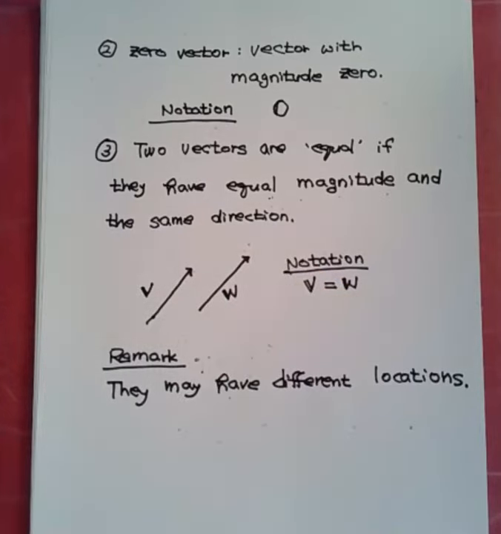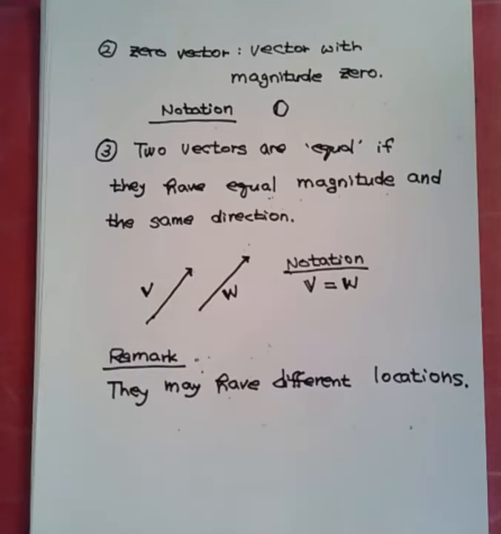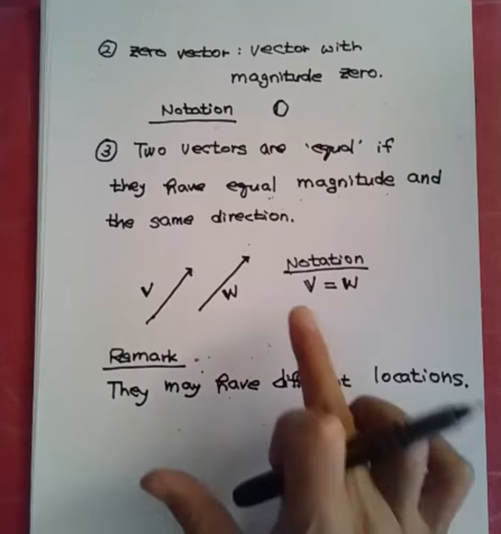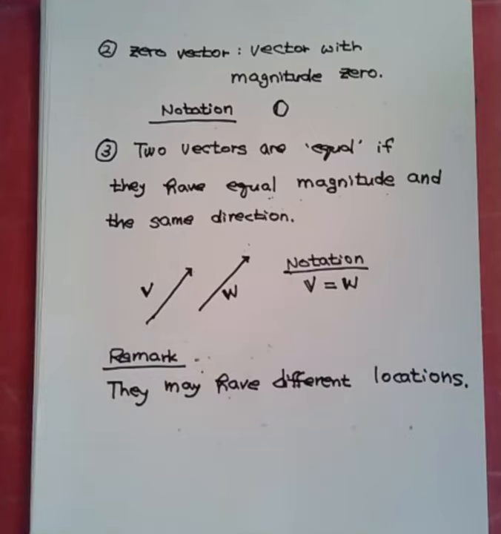In that case, we just say those 2 vectors are the same and denote it with an equality sign. But those equivalent vectors can be located in different places in a plane.